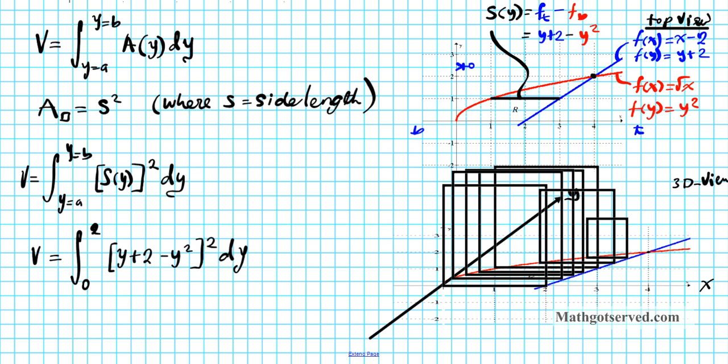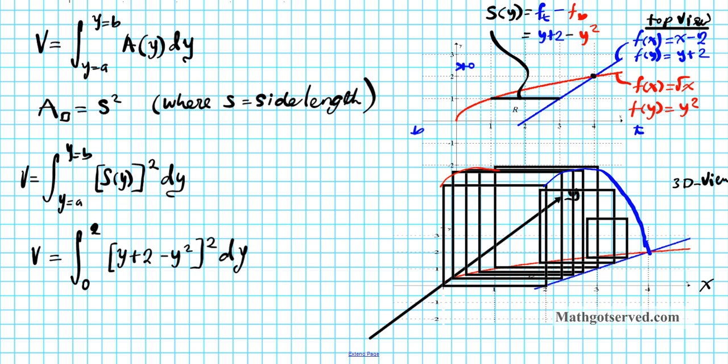The solid of the region that is generated by this equation, and then the volume is basically what this integral expression that we came up with is. Okay, so this is just a visual of our region, and then the area of each square is given by s of y squared as indicated up here.